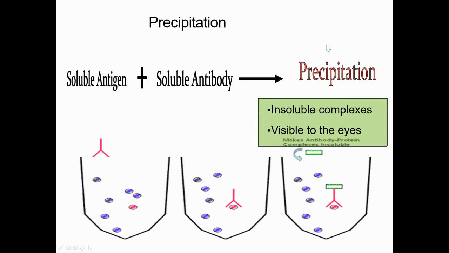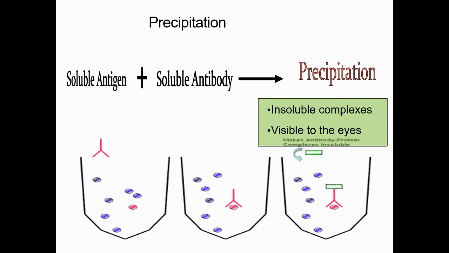This precipitation occurs in the area where antigen and antibody are present in equal amounts. This zone where antigen and antibody are equal is known as the zone of equivalence. This is the most important one, the zone of equivalence.